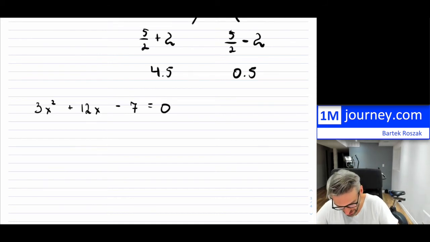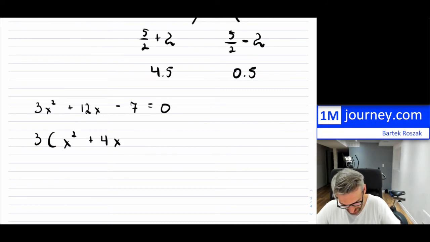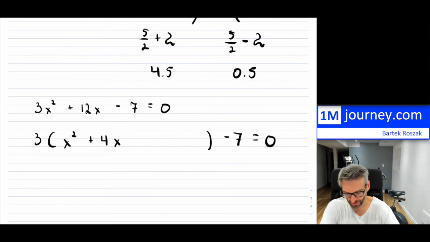First completing the square, I'm going to take out this 3, so I'm going to have x squared plus 4x, because I took out the 3. And then I'm going to leave a little bit of space, minus 7 gets left behind there. Now the 4 divided by 2 is going to give me 2.